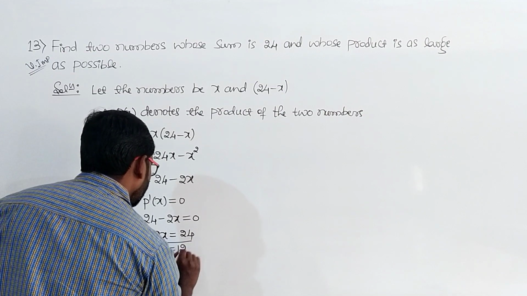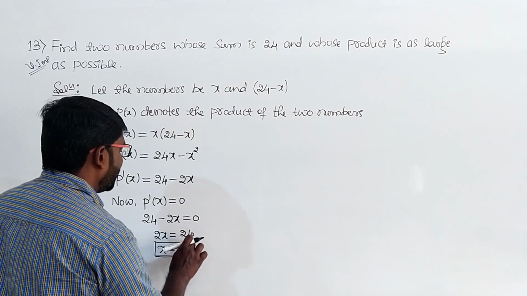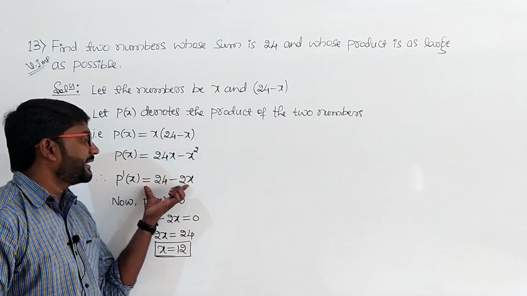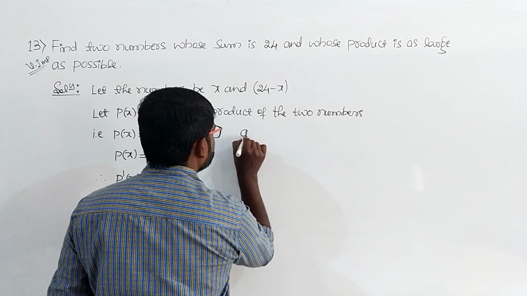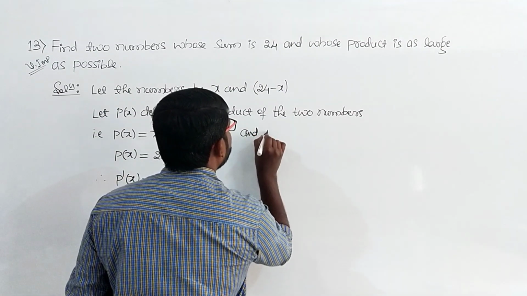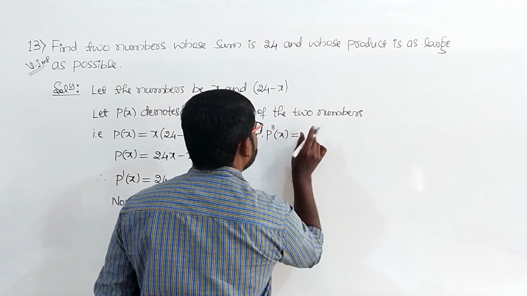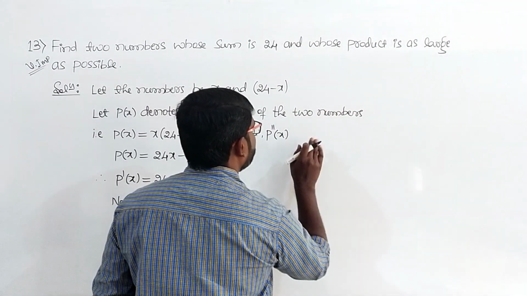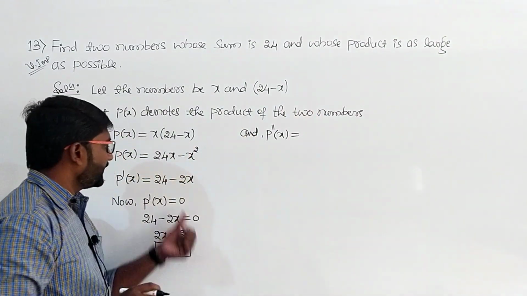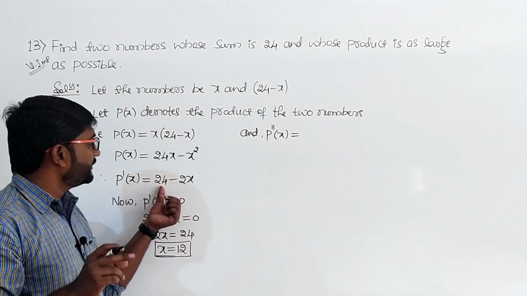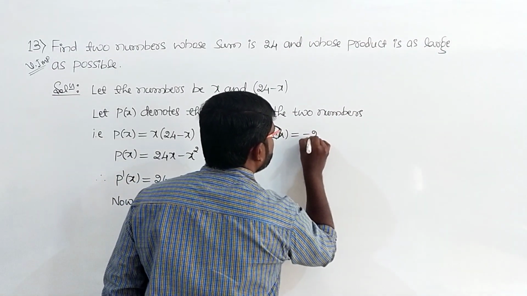So now I go for the second order derivative. Differentiate this once again with respect to x. P double dash of x equals, here 24 is a constant, you get 0, and 0 minus 2 is minus 2.